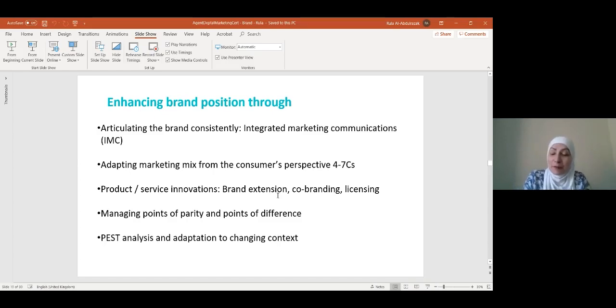That is based on the consumer's point of view, whether it's convenience instead of place, or cost to the consumer, what it costs them in terms of time and money and emotions and efforts to get your service, the communication, etc. So innovation through co-creation is significant. So you are always improving what you are delivering based on the changes in the requirements of your consumers, as we will see, and changes in the context.